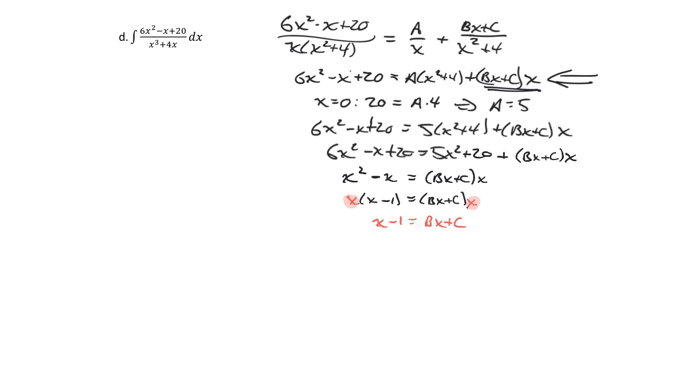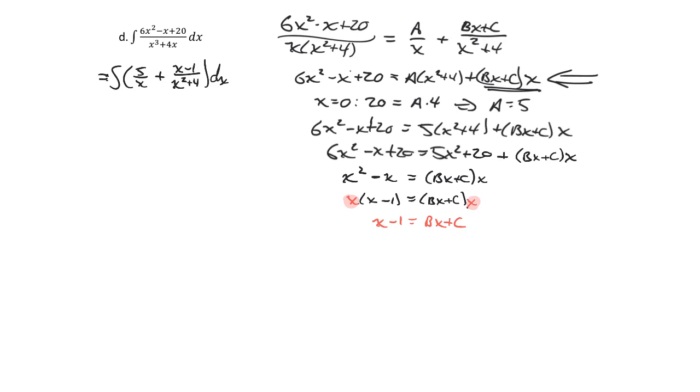Okay, so x minus 1 is equal to bx plus c, and we can replace our integral now by the integral of a over x, and a is 5, plus bx plus c, which is x minus 1 over x squared plus 4, dx. So, as before, whenever we have these quadratics, if you end up with two terms in the numerator, you're going to need to separate those two terms into two separate integrals.